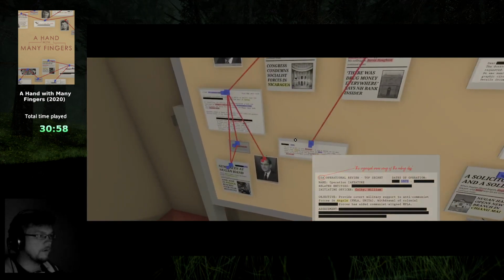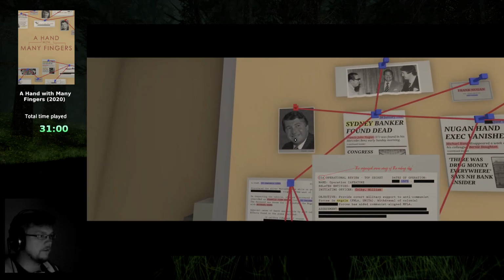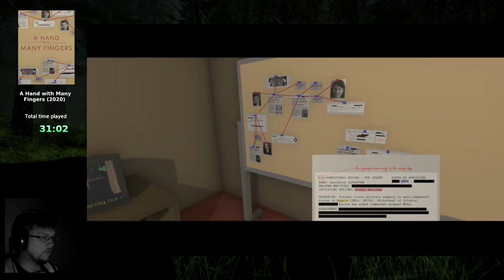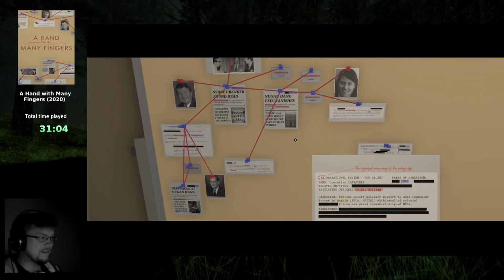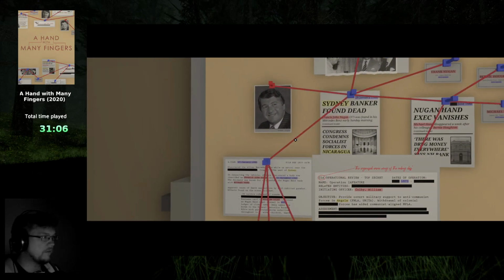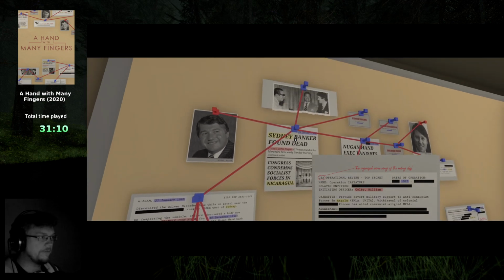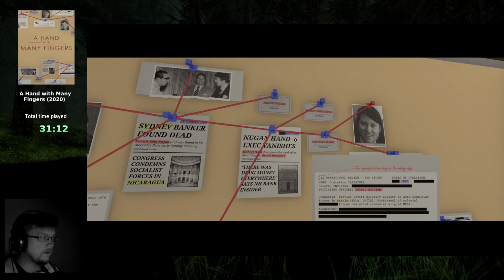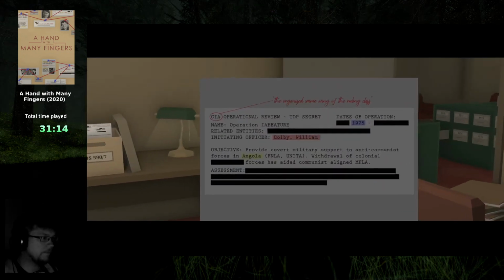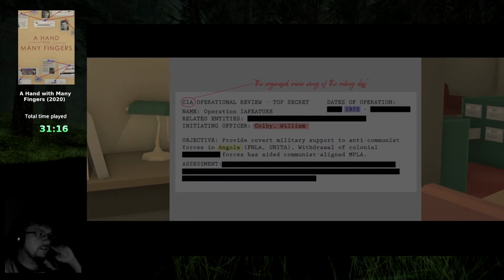So this is what the dead banker's partner was doing in Angola in 75. Which is, what, 5 years before the supposed suicide. CIA, the organized crime wing of the ruling class.